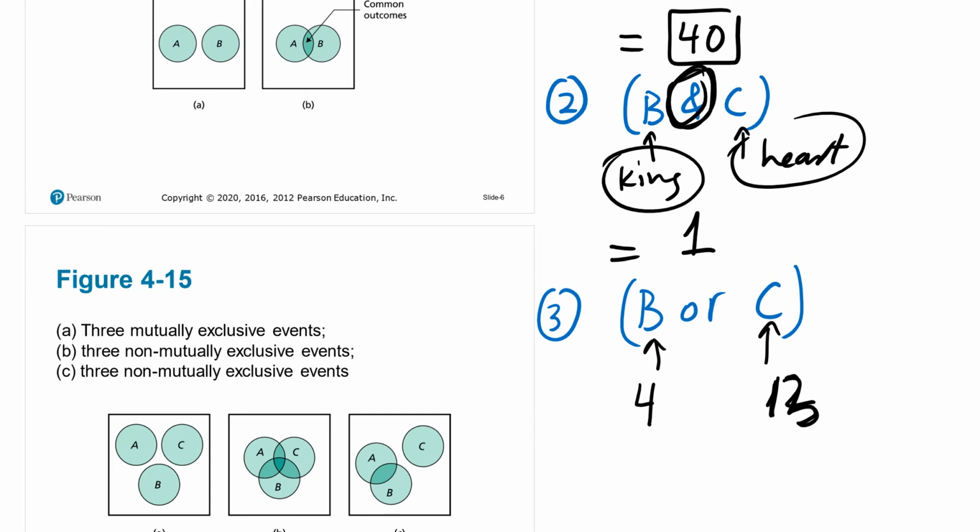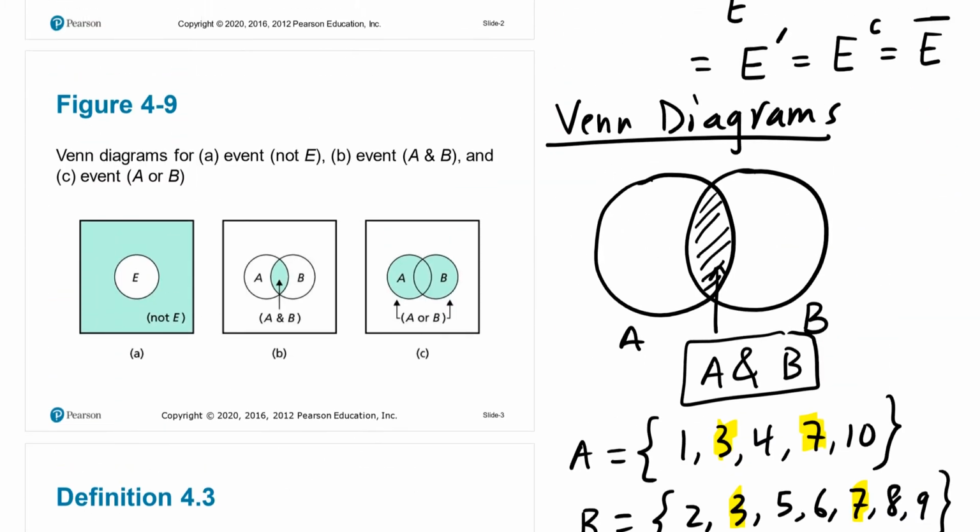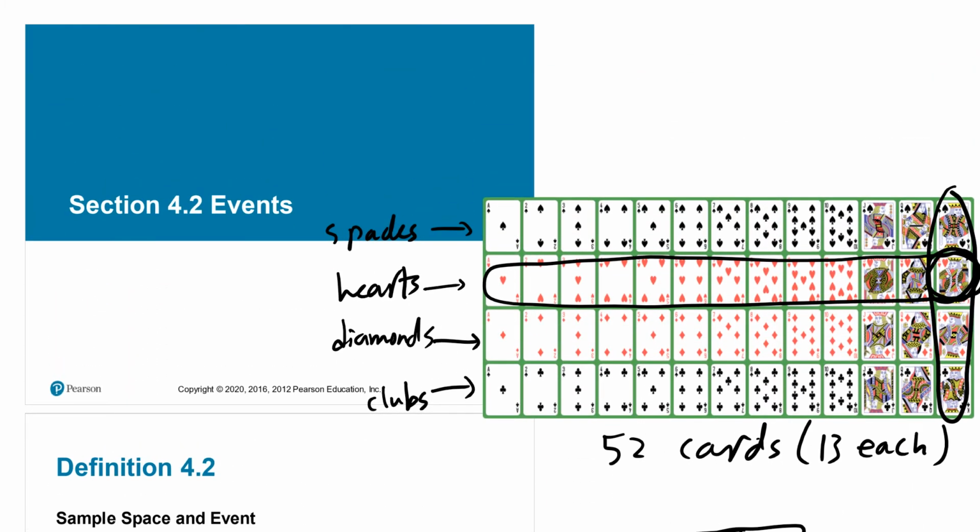Watch something. Some people do 4 plus 13 and they write 17. Let me go back up and show you something here. This is the heart that I selected, and then the kings. So there are 13 hearts, and the kings are 4.